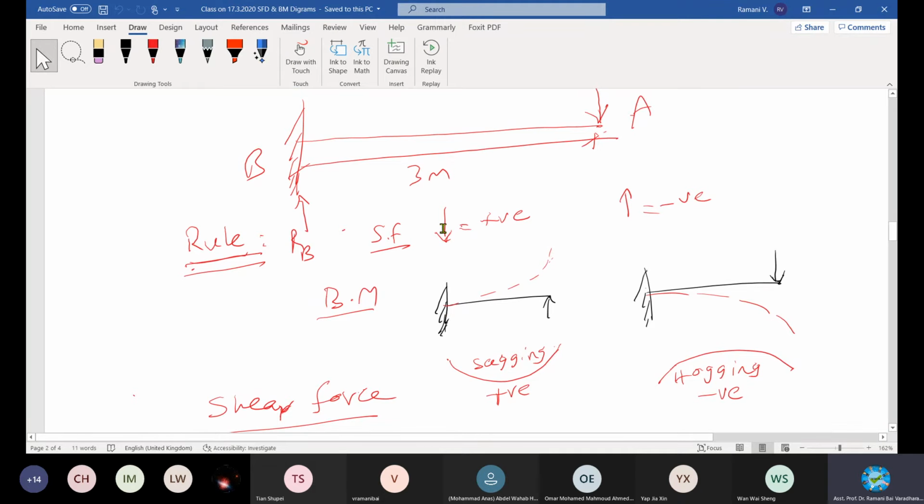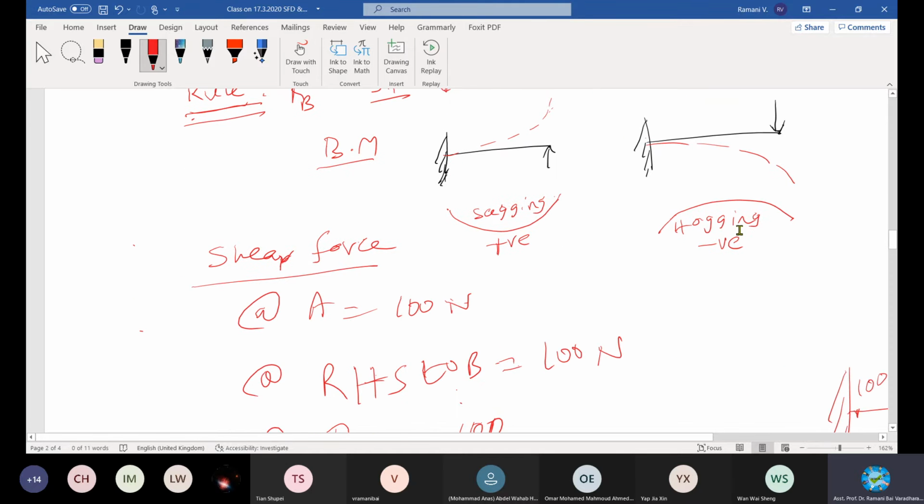Positive upward shear force, negative downward. And then bending moment, hogging and sagging. Sagging as positive, hogging as negative. Consider these conventions and then proceed.